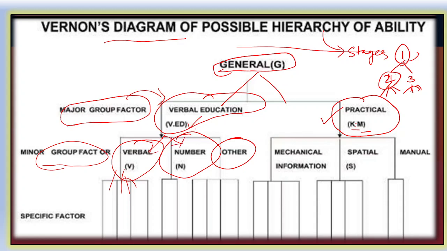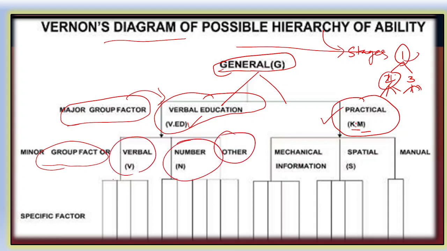Then it might get understood in the form of numbers also, which is given by Vernon as n, and through other information also. So person to person, if with these three particular modes of information, you are actually grabbing the information and creating an ability in yourself, then you can see it gets subdivided into your specific factor.